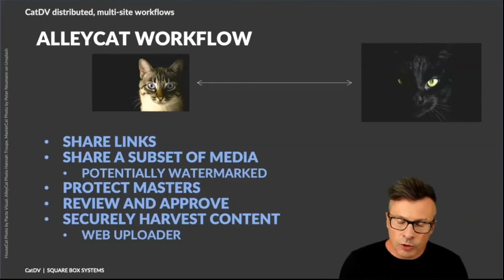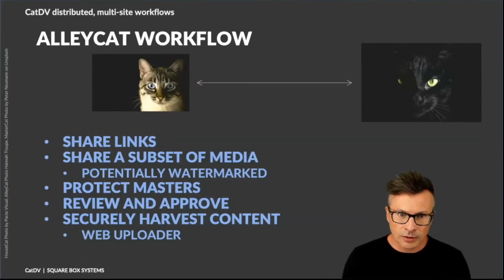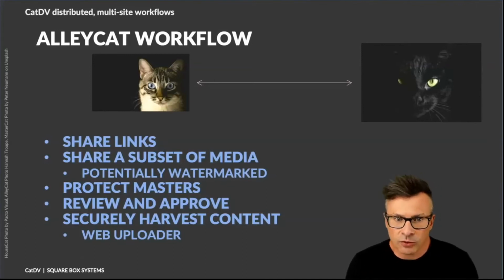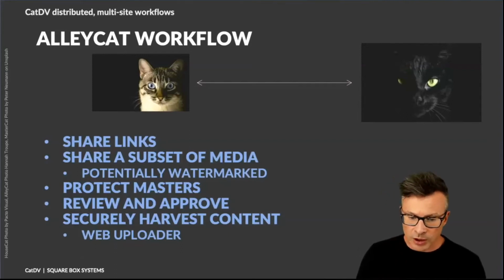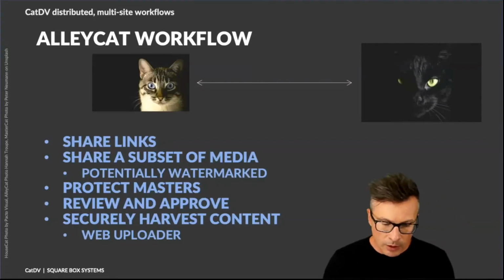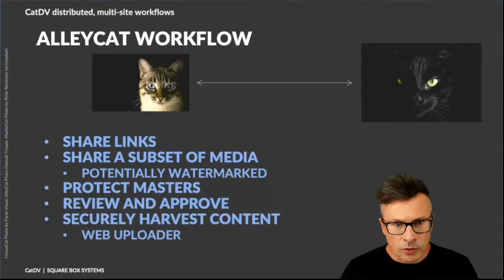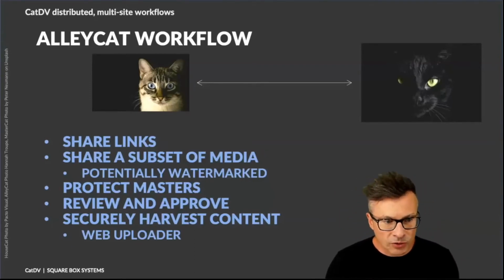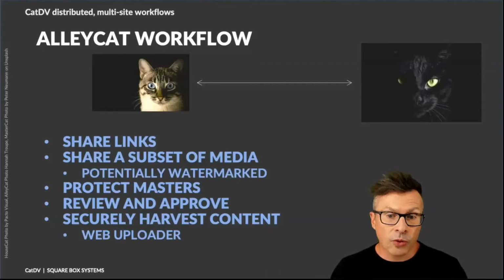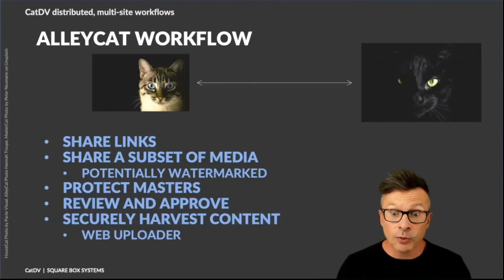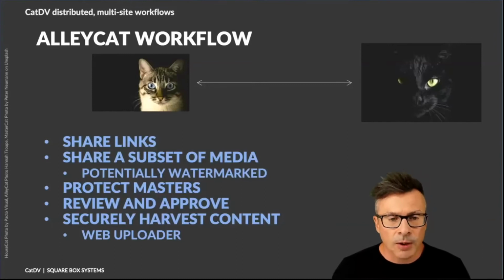And so the kind of workflows that an AliCat solution can deliver are to share links. We have a large book publishing deployment using CatDV out of New York, and we want to be able to share videos with authors and their publicity teams outside of the organization pre-launch. So again, massively secure.